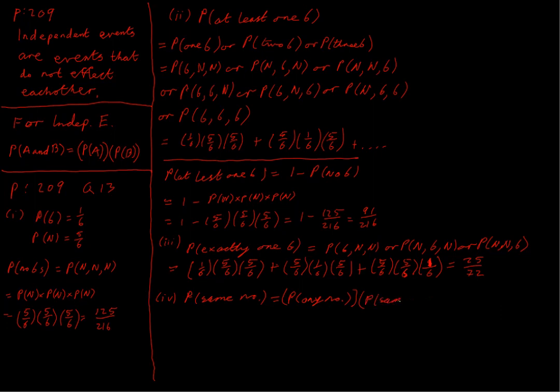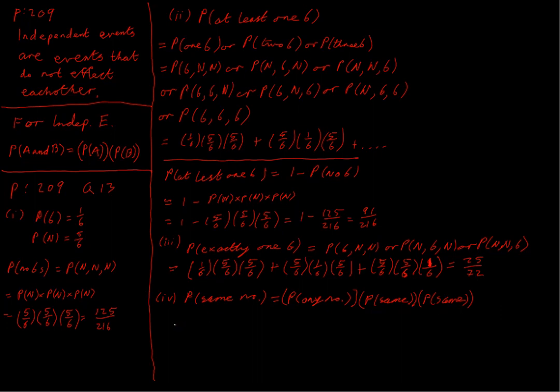So the same as the first. And then we have to get the same as the first again. So this is the subtlety that we have to spot, that for the first number we roll, we don't actually care which one we get, because all we're interested in is getting the same number 3 times. So we get any number we like the first time for our first throw of the dice, and then the next 2 have to be the same as that.